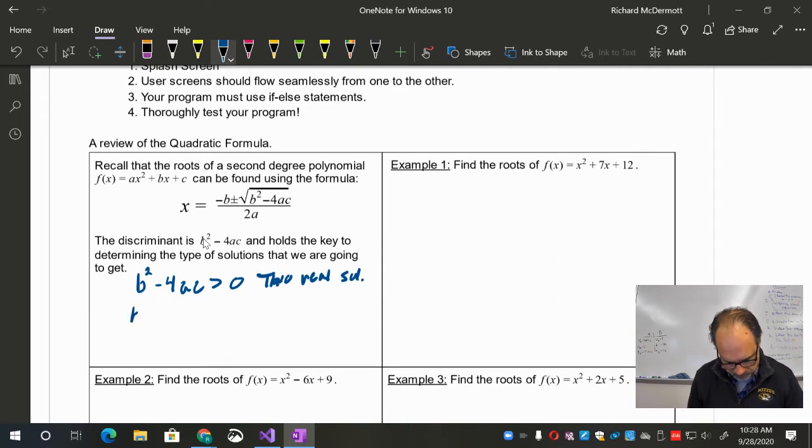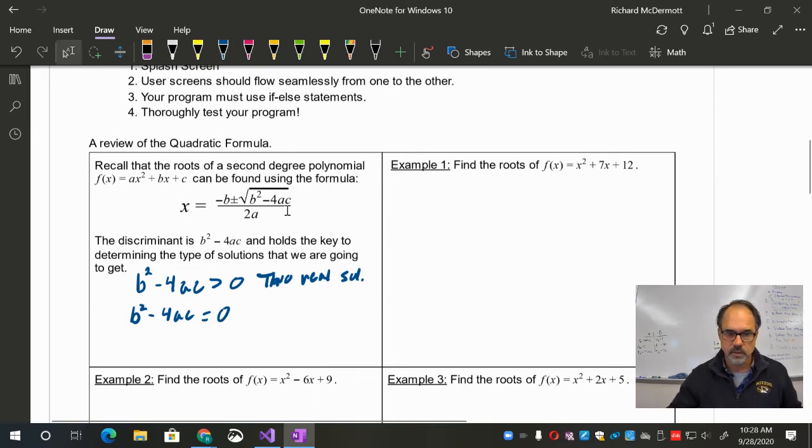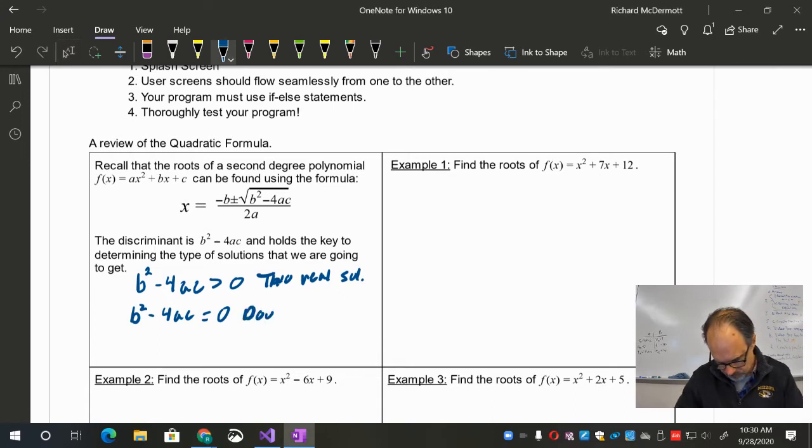If b squared minus 4ac, the discriminant, is equal to 0, then you are going to get a double root. I'll do examples of each one of these in just a second. But if b squared minus 4ac is less than 0, then we have two complex roots.